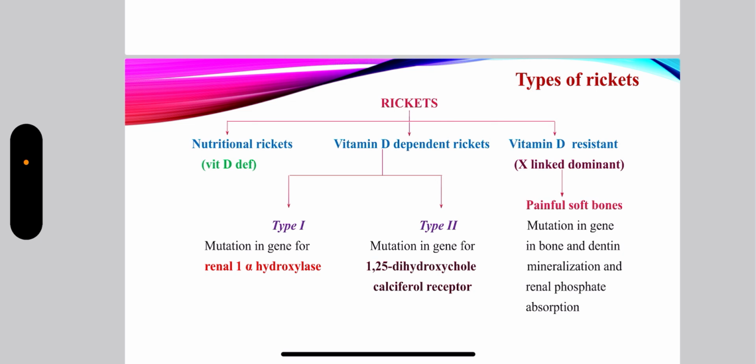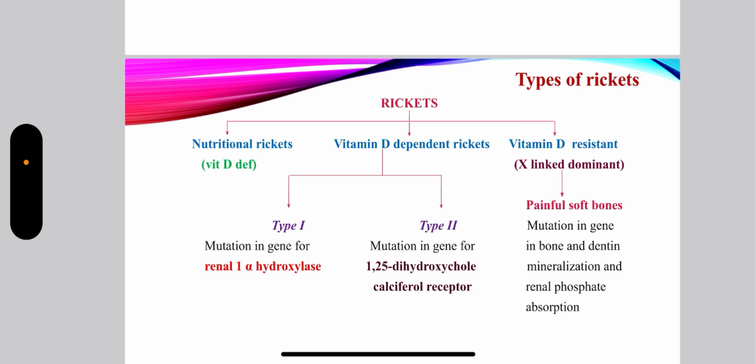Vitamin D dependent rickets has two parts, type 1 and type 2. Type 1 is autosomal recessive and occurs because of mutation in the gene for renal 1-alpha hydroxylase. And what was the role of this 1-alpha hydroxylase?